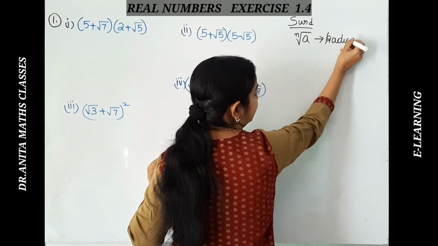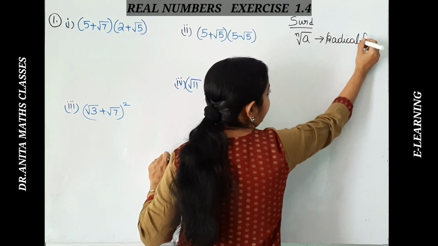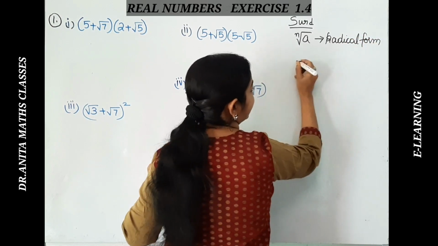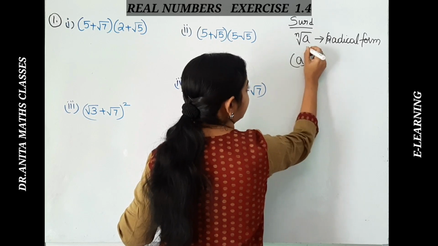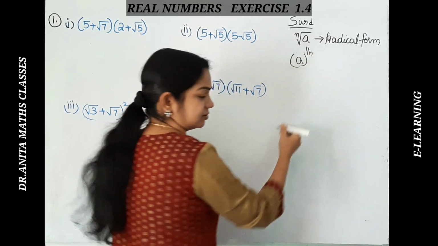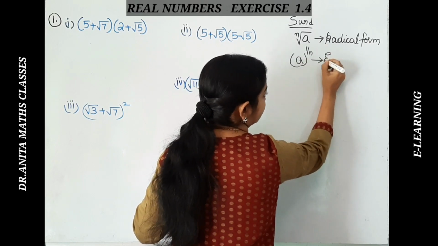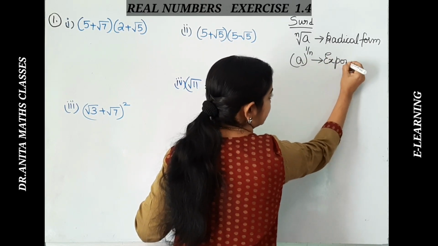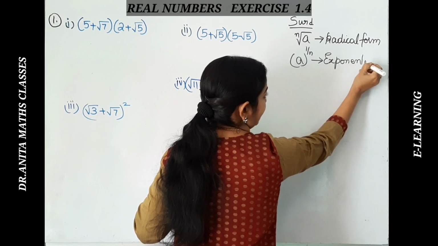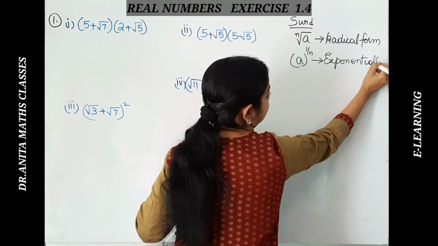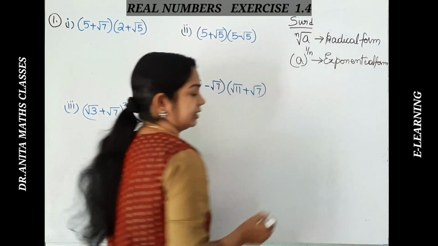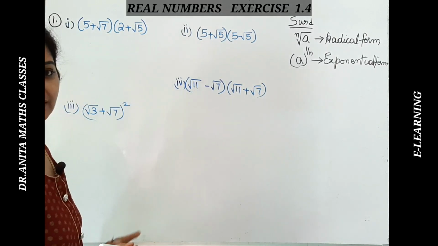This is called the radical form of the surd. Whereas, to remember the exponential form, there is an exponent, so that is called the exponential form. So I had told it the other way around. So we know what a surd actually is.